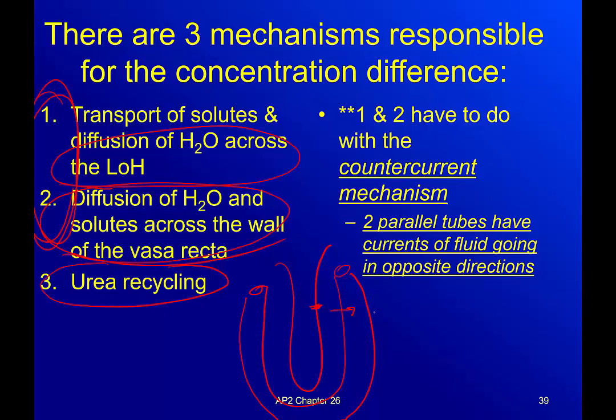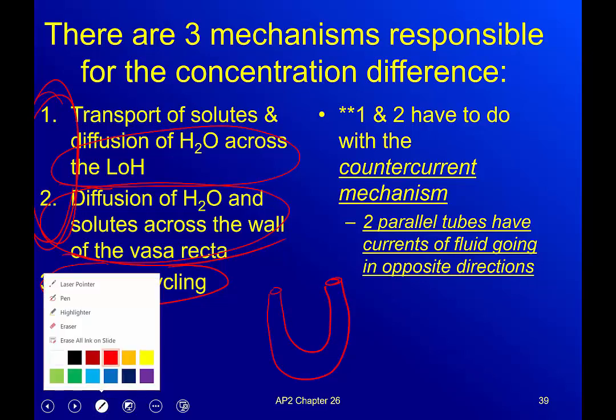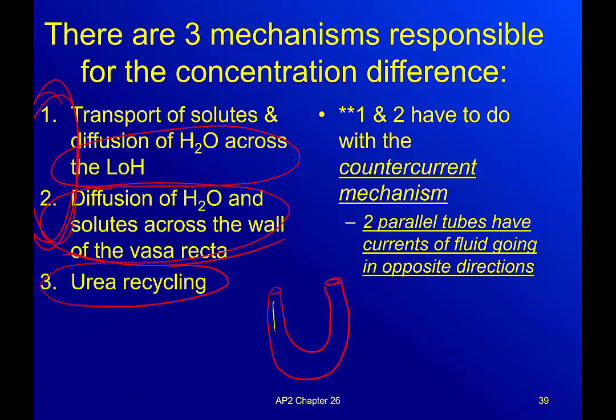So 1 and 2 are interrelated. So I've got one tube, let's say the loop of Henle, and the loop of Henle has fluid going this way. This is our urine going this way. Yes? And then we have the vasa recta, which is another tube right next door.